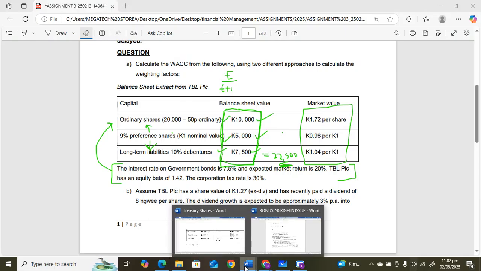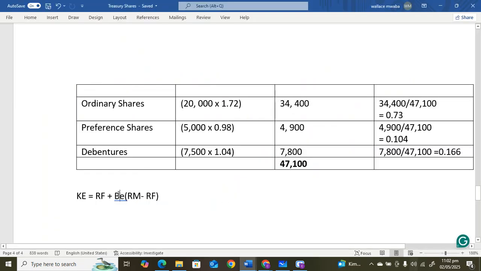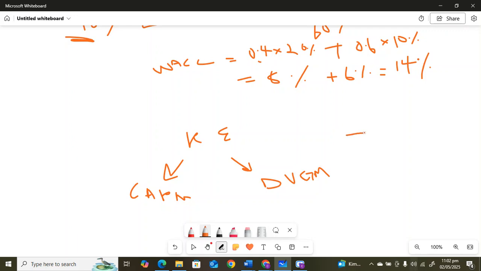BE represents equity beta. Equity beta measures the riskiness of shares with reference to the stock market. The equity beta of the stock market is 1. This is the threshold. Any security with an equity beta above 1 is risky.